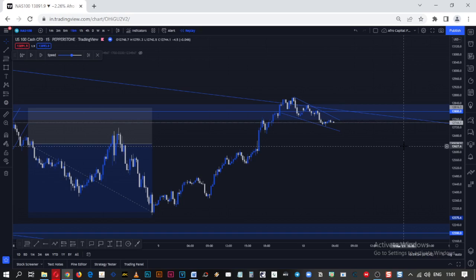That is why I'm saying, most likely 80%, I'm looking for price to break out on the upside, retest, and then continue. And there is also a possibility, which I'm aware of, that price can break on the downside, retest, and then push bearish.